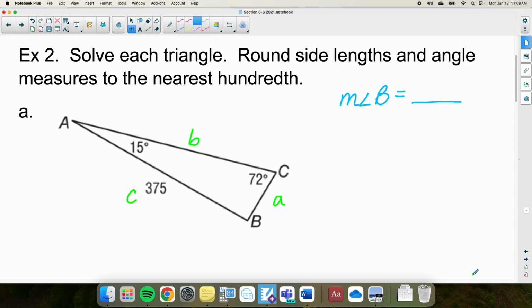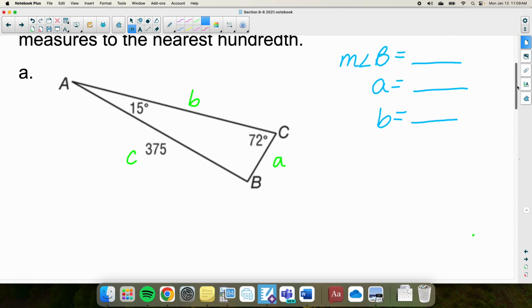So that's what we're gonna do in all of these. And one of the things we don't know is we do not know little a, and we do not know little b. So again, these problems on a test would be 6 points, so just so you're aware.